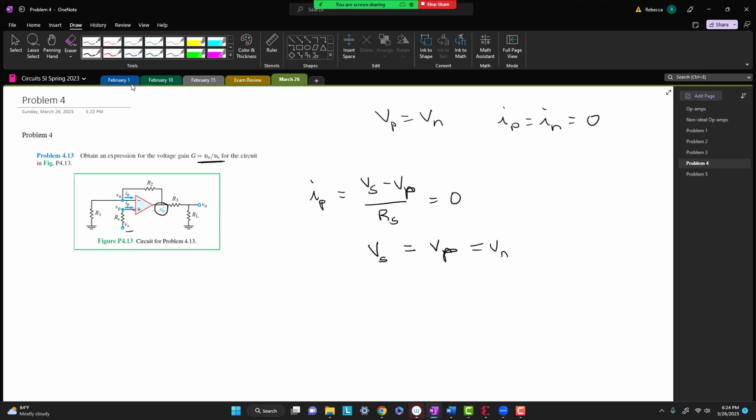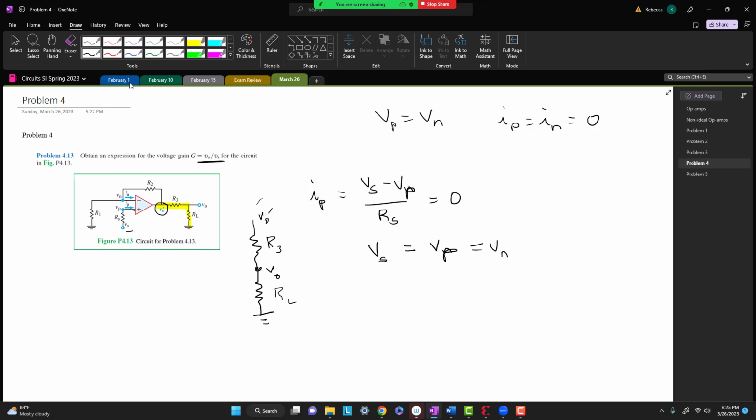Looking at this stretch, if we line it up, this is V out, this is VO prime, so that's the voltage right as you come out of the op amp. This is R3, this is RL.